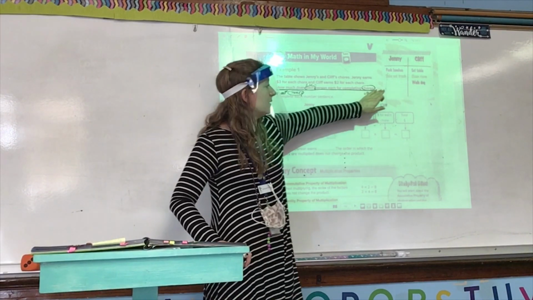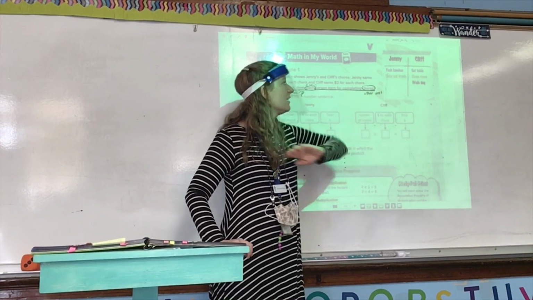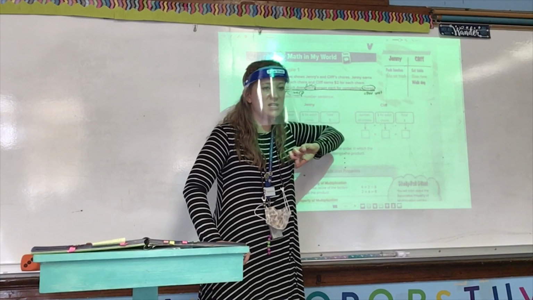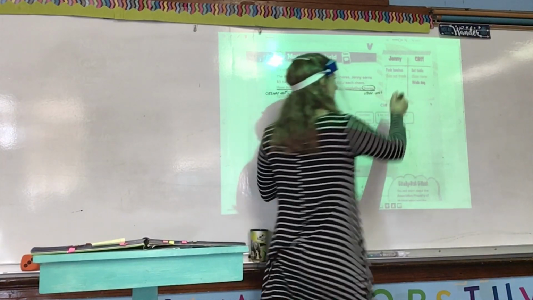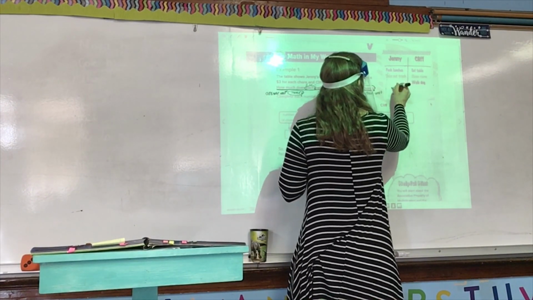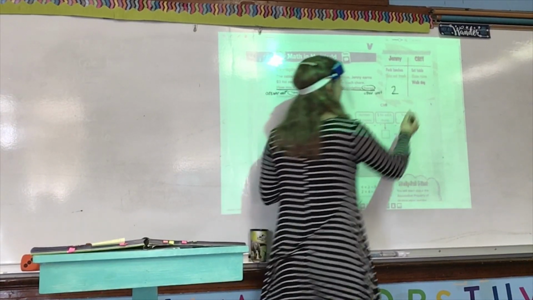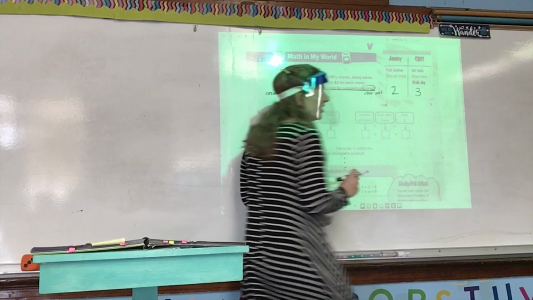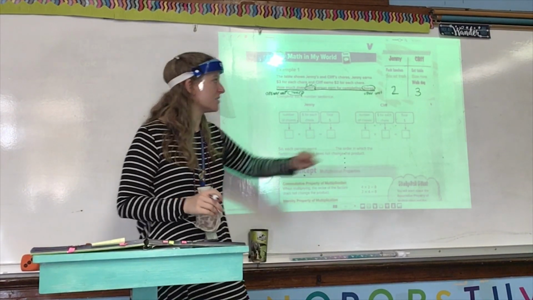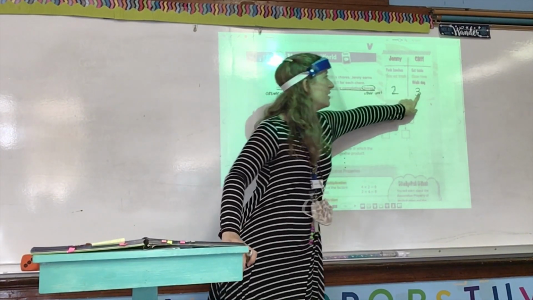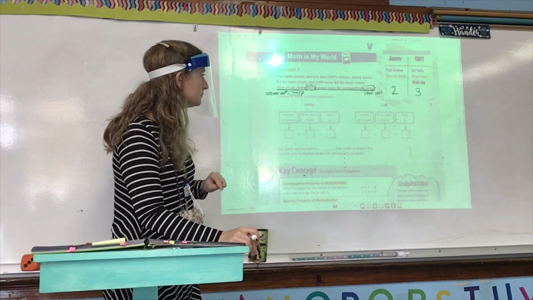The little table to the side. So how many chores did Jenny do, Cullen? 2. How many chores did Cliff do? 3. So there's our other units. Those are the number of chores. Jenny did 2 chores. Cliff did 3 chores.